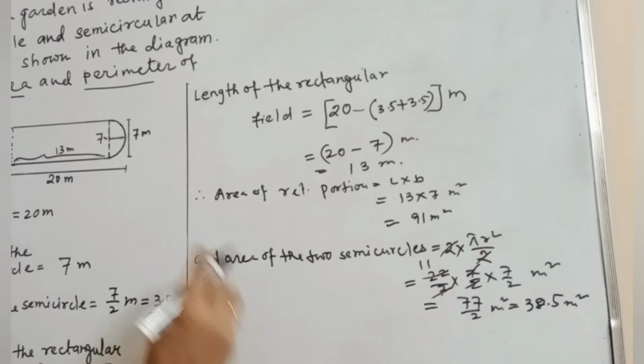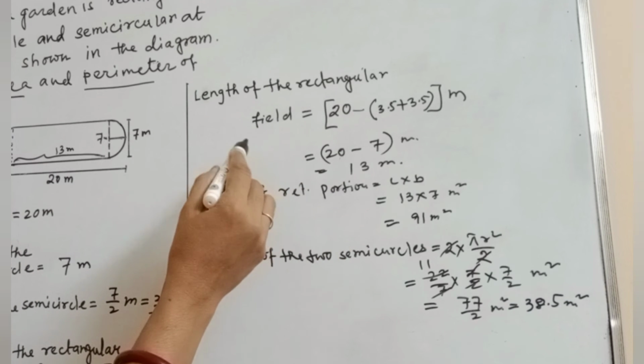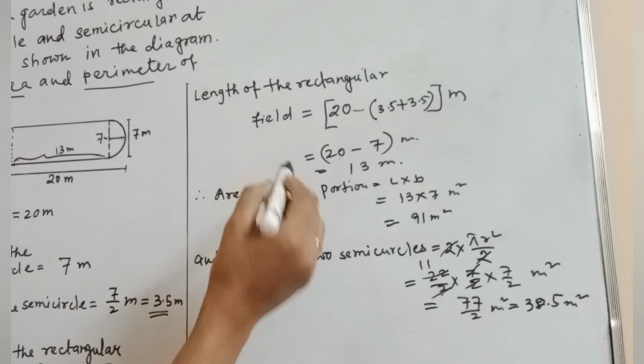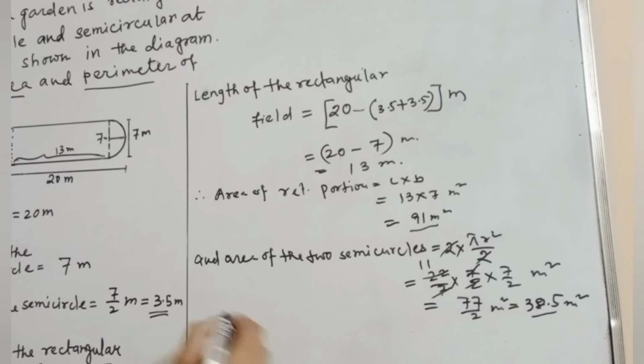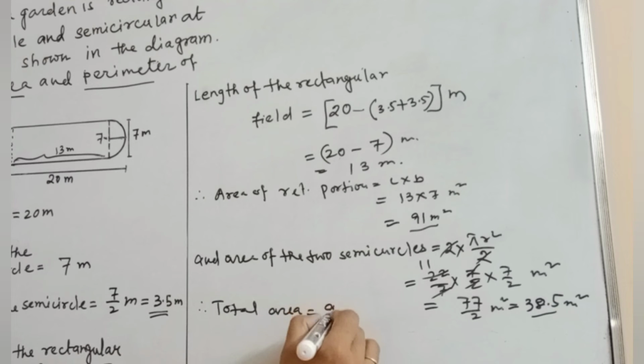Therefore total area: the area of the rectangular field is 91 meter square and the circular portion is 38.5. So the total area of the garden is 91 plus 38.5, that is 129.5 meter square.